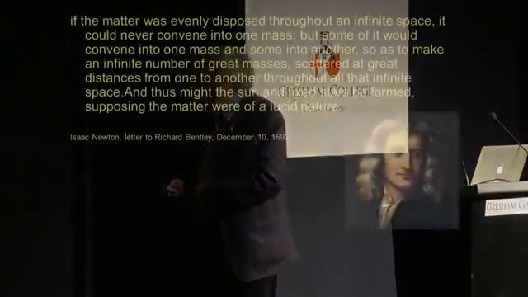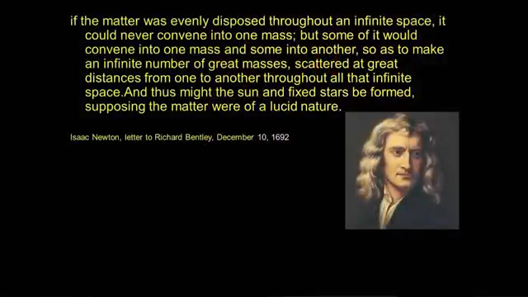So gravity is there. And Newton worried about why it was that gravity worked to make the Moon, the Earth, the Sun, the stars. He wrote something like this in a letter to a clergyman, Richard Bentley, who asked him how he thought the stars were made.